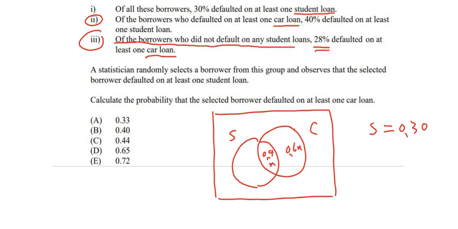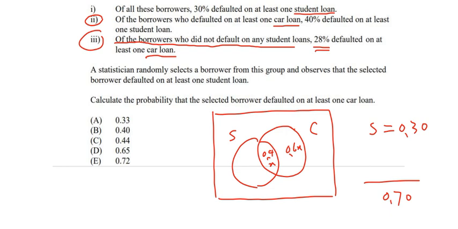Among those who did not default on any student loan, so student loan is 0.3, and not is 0.7, right? Among those, 20% default on the car loan.